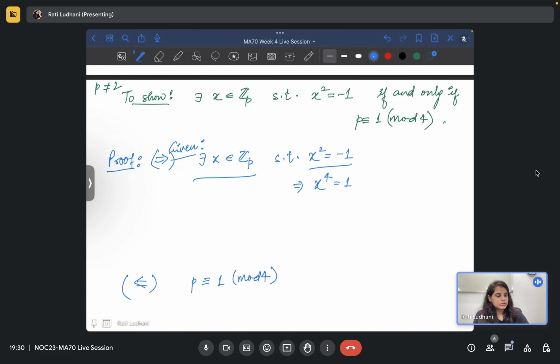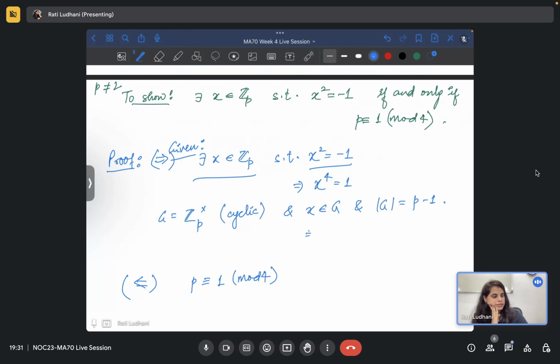So you know that if you take G to be Z_p cross, this is a cyclic multiplicative group, and this x belongs to G. And the order of G is p minus 1, right?